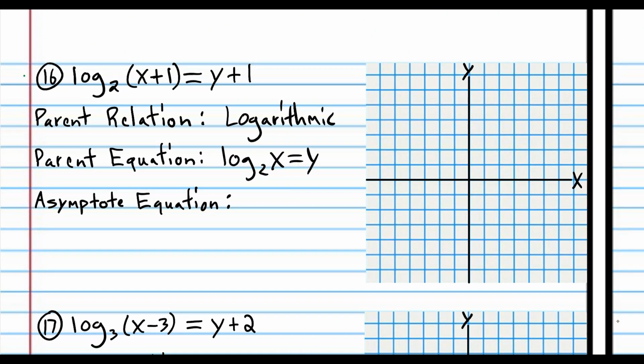All right, we're back. We're starting at the origin, moving 1 unit to the left, 1 unit down, because we're adding 1 to x up here and adding 1 to y. Then we're going to draw a dotted vertical asymptote and a temporary horizontal. And the reason we drew the temporary horizontal is because we're pretending that this is the origin.